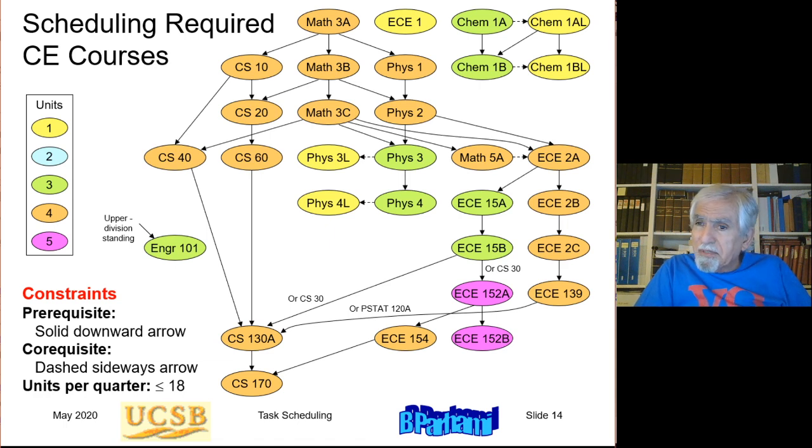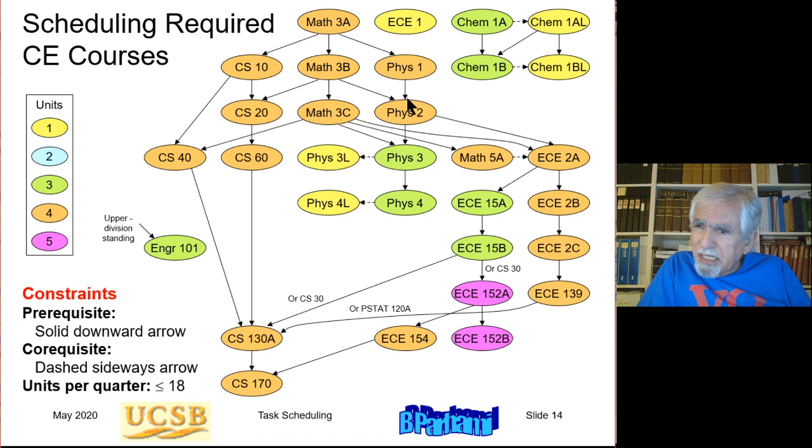Here's another example of scheduling courses to be taken in different quarters. So these are, again, computer engineering required courses from some years ago. Some of these have changed, but it doesn't matter. So what this chart indicates is that you have to take Math 3A or somehow be exempted from taking it before you can take Physics 1.